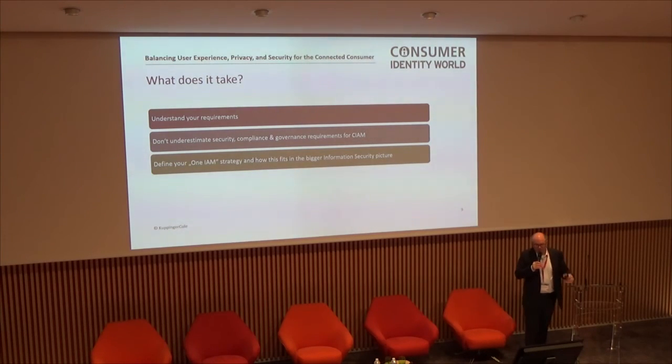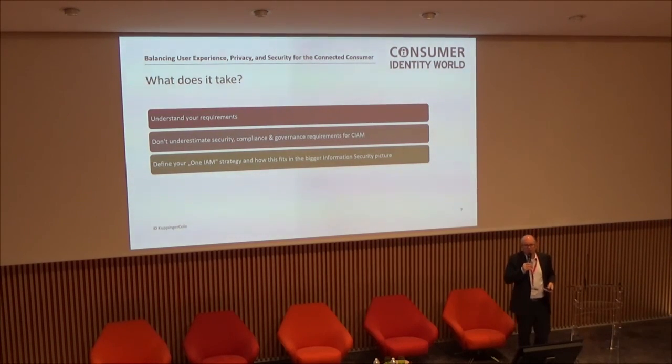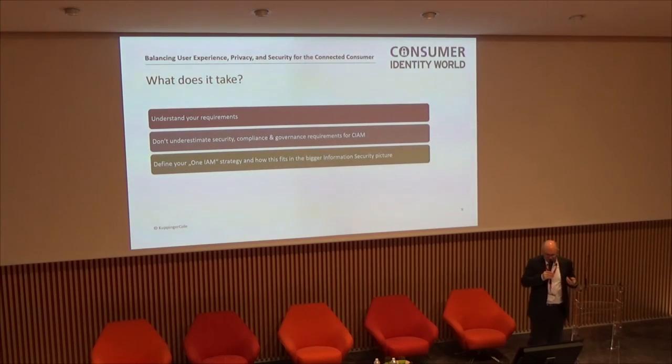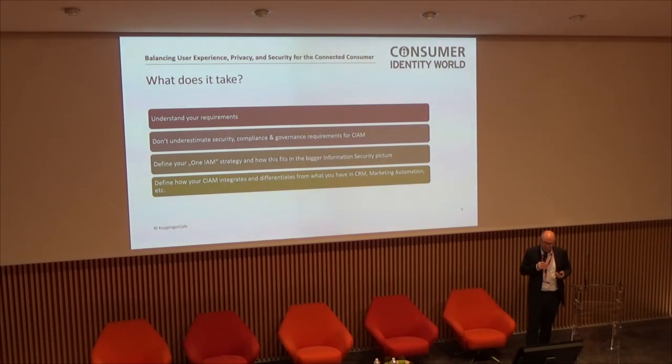Define your sort of one identity management strategy in the sense of, I know I have one big view on how I handle the different types of identities, and I understand what it needs, what are the required capabilities, and I understand which building blocks, which technical building blocks, which tools deliver these capabilities. And also understand how it fits in the bigger information security picture.